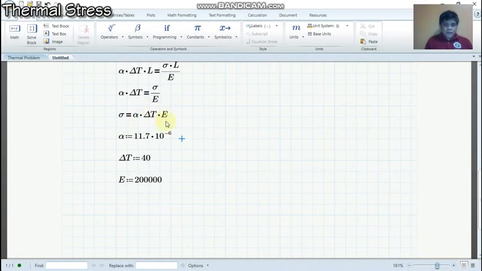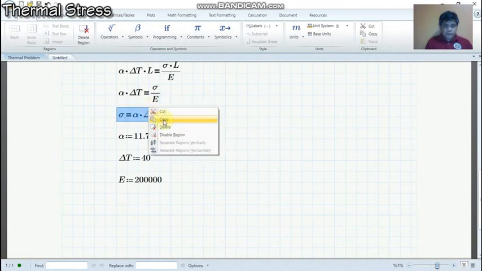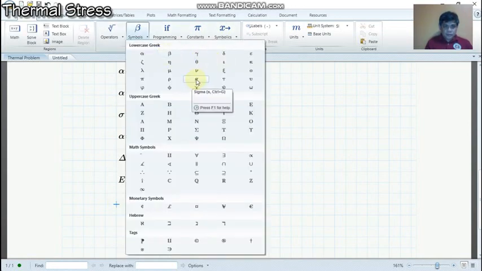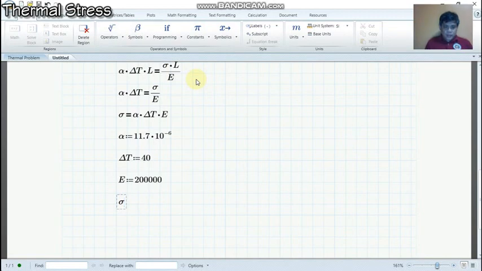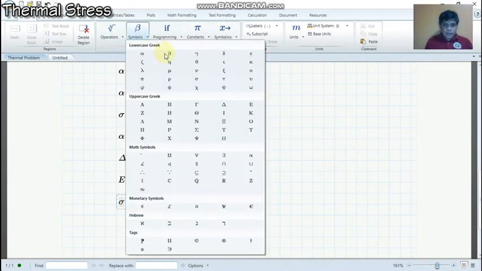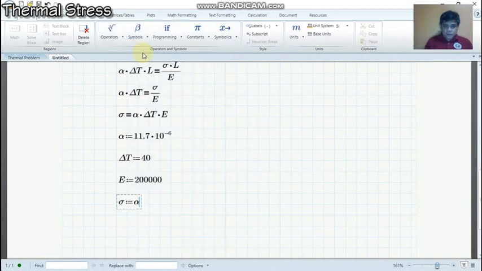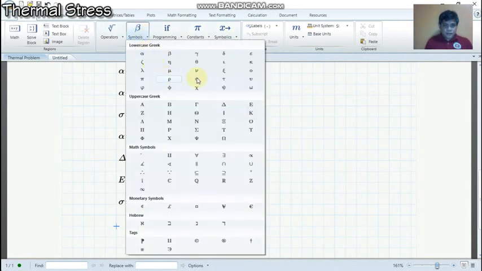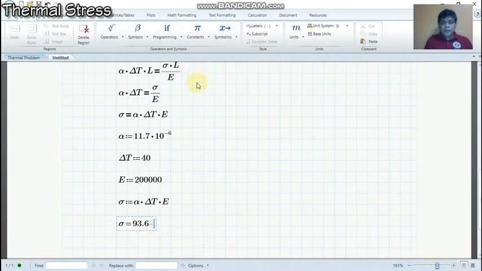So the stress now is equivalent to your alpha times delta T times E. So we have now a value of 93.6 megapascal.